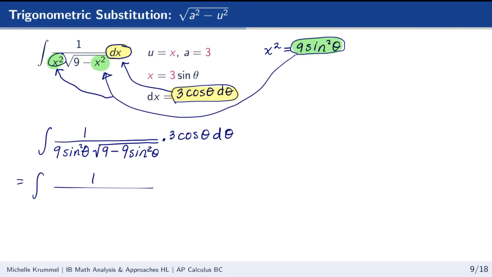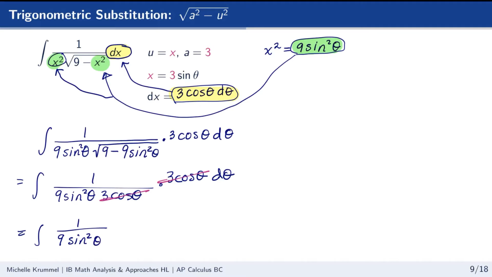So 1 over 9 sine squared theta, 3 cosine theta, times 3 cosine theta d theta. And now we can eliminate that common factor. And this is 1 over 9 sine squared theta d theta.